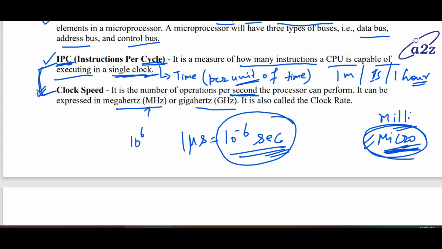Now, if we talk about 1 second, 10 raised to the power 6 operations are there. So one operation will be in 10 raised to the power minus 6 seconds, means microsecond. Clock speed is also referred to as clock rate.